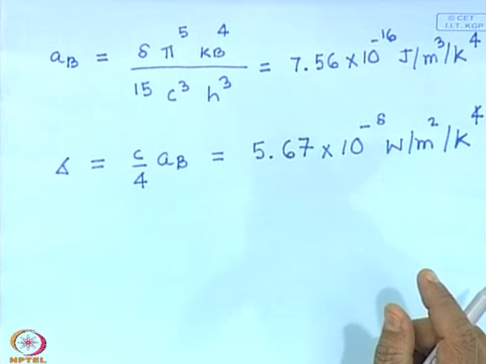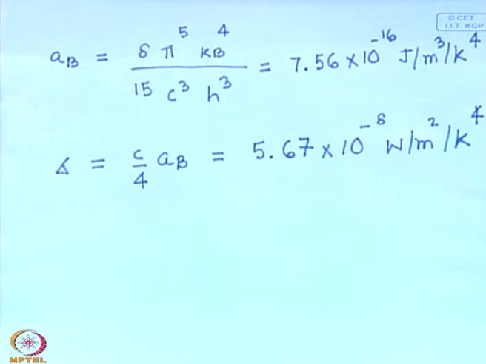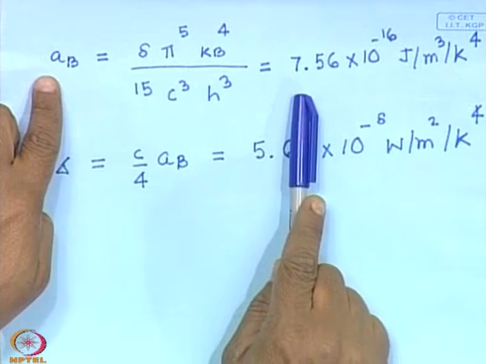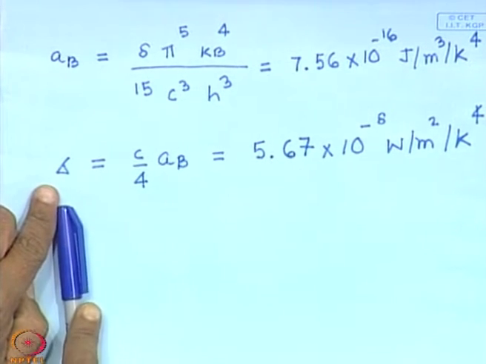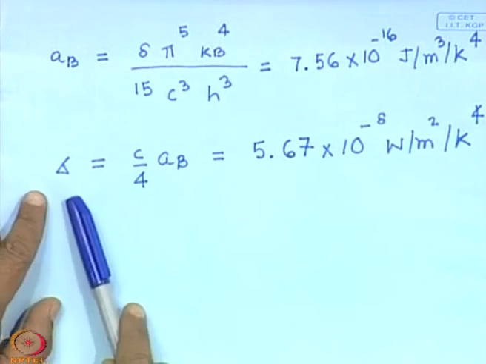Okay. So, we have calculated the two constants that we had arrived at from purely thermodynamic and macroscopic considerations. So, this tells us the total energy density in black body radiation, and this tells us the flux that is emitted from the surface of a black body.